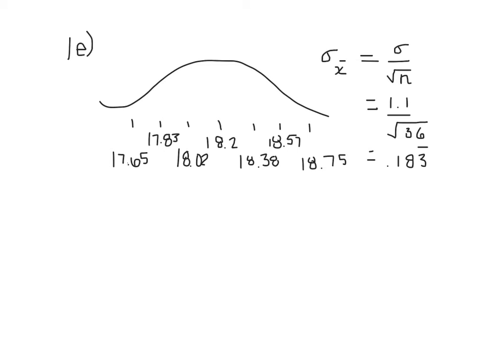And so now what I can see is that a 19-inch shoulder breadth is way up here somewhere, way further than 18.75. So I'm more than 3 standard deviations above the mean.